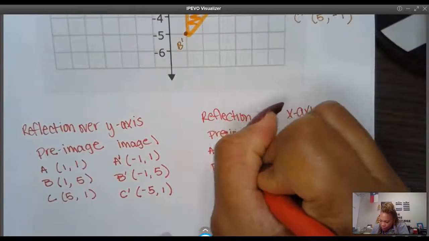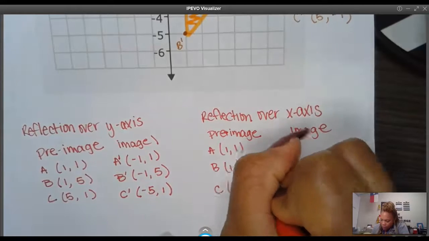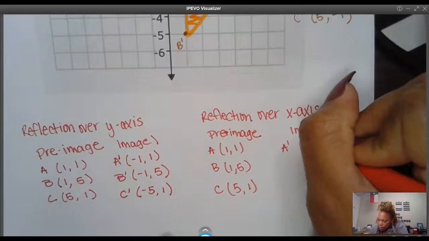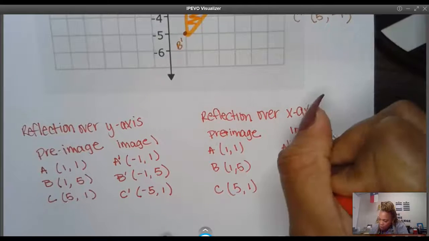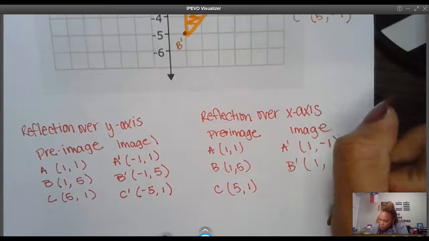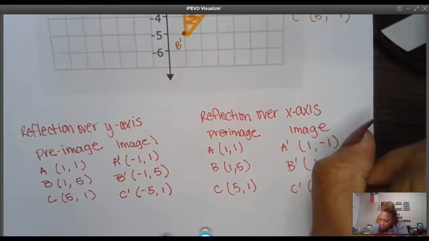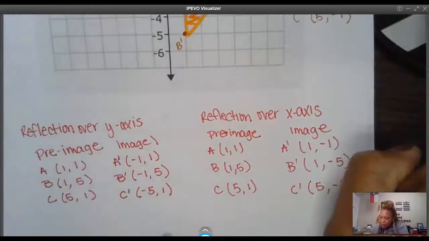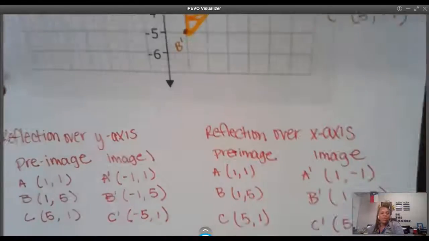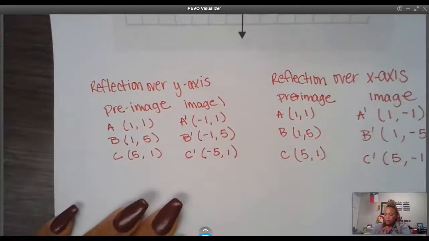B, 1, 5. C, 5, 1. And then in my image, A prime was 1, -1. B prime, 1, -5. C prime, 5, -1. Okay? So with this, we're going to use these coordinates to create what we call a rule.